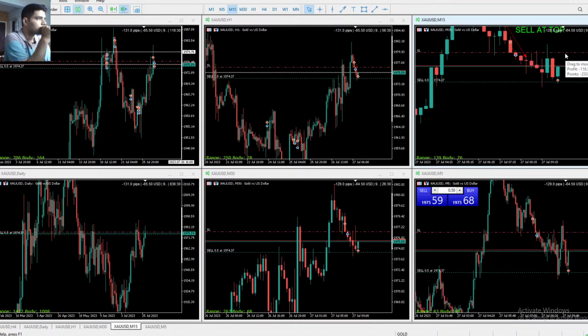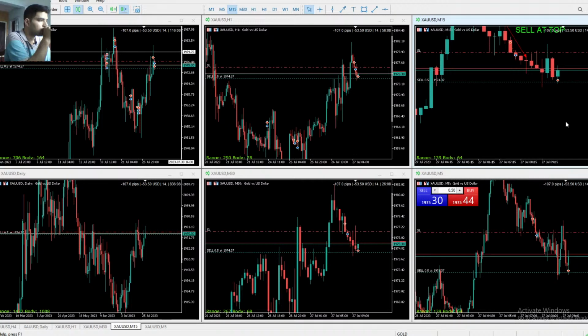Before, I placed the stop loss above the high of the previous 5 minutes, but since the price has very high speed, it can easily hit the stop loss above 5 minutes. So I put my stop loss above the high of 15 minutes. Okay guys.